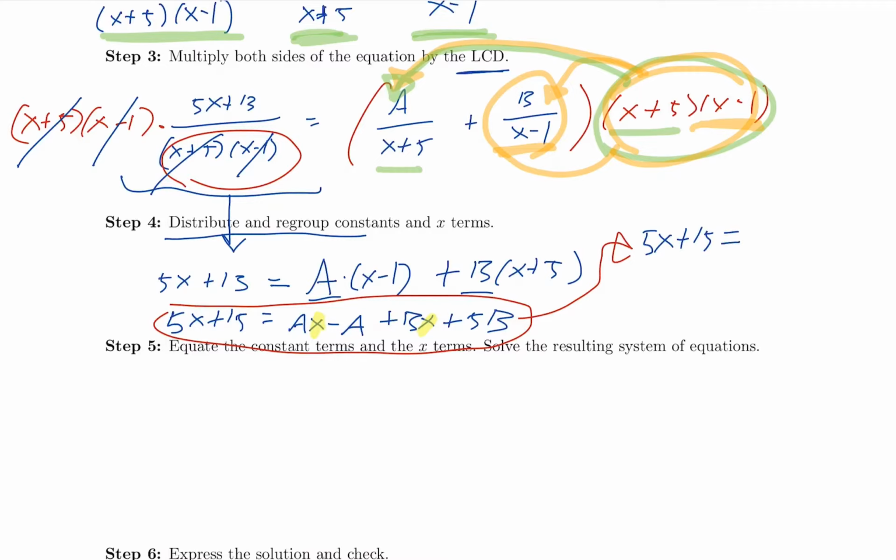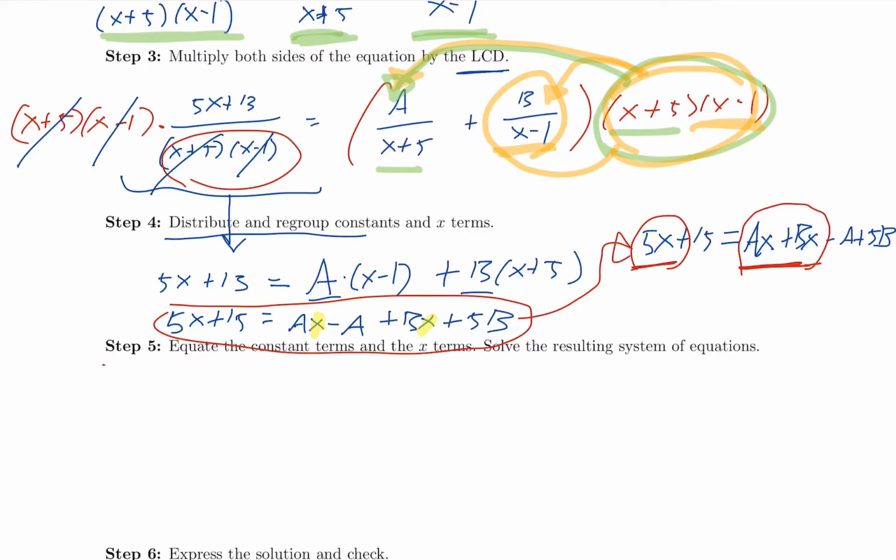On the right side, what I'm going to do is Ax plus Bx, minus A plus 5B. So what does this tell us? We know that Ax plus Bx should give us 5x. So collect like terms: Ax plus Bx should give us 5x.